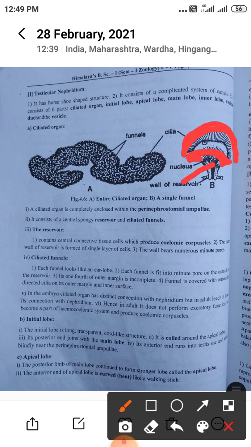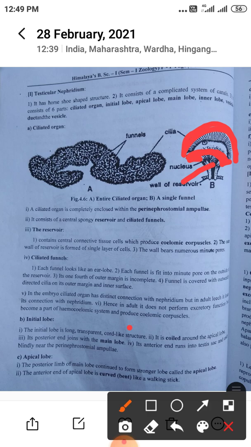Hence, in the adult it does not perform excretory function. Why? In the adult leech it has less connection with the nephridium. It has become a part of the hemocoelomic system and produces coelomic corpuscles. Ciliated funnels become a part of the hemocoelomic system and that's why they produce coelomic corpuscles.